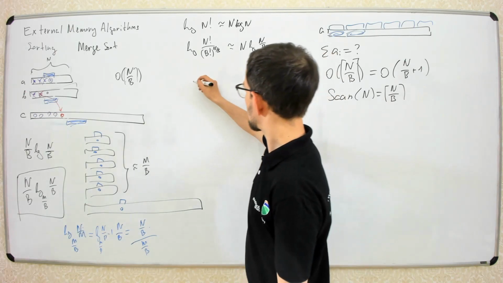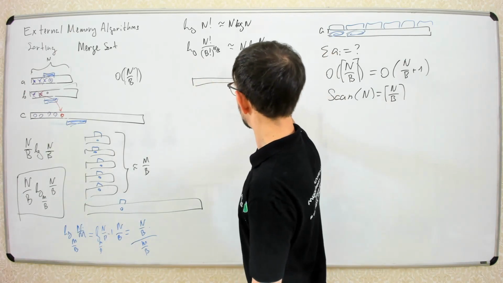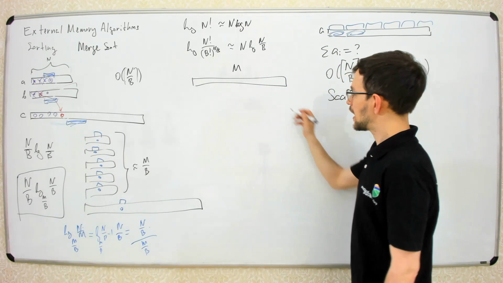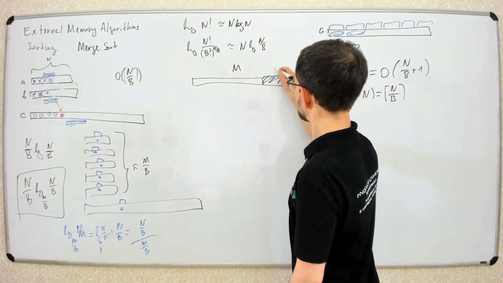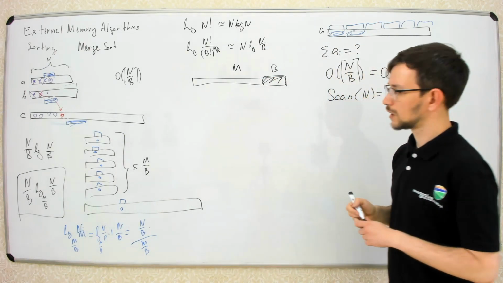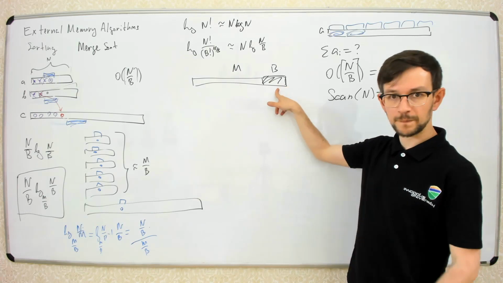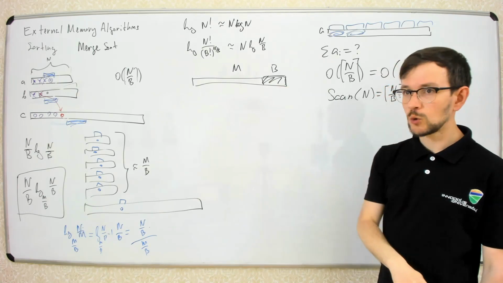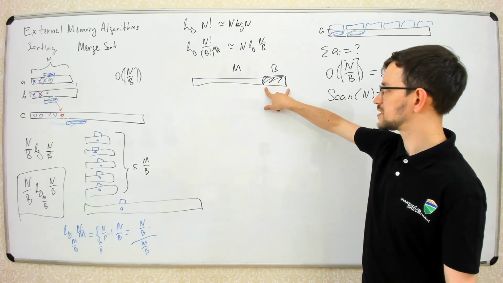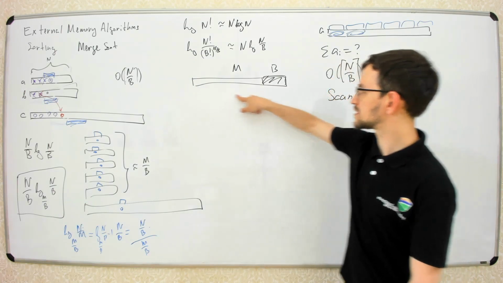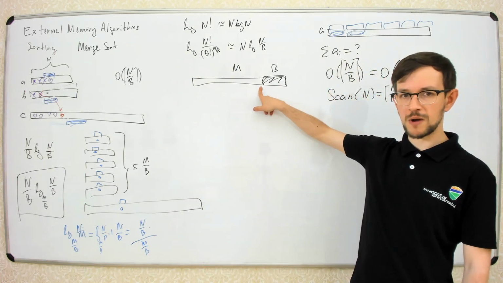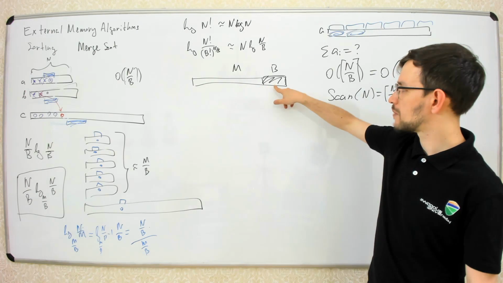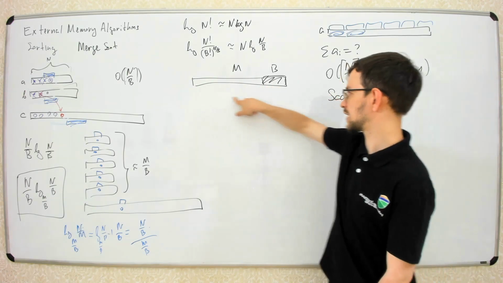We have our local memory M, and we read one new block B. What we can do is compare all the elements of this block with all elements inside our memory.